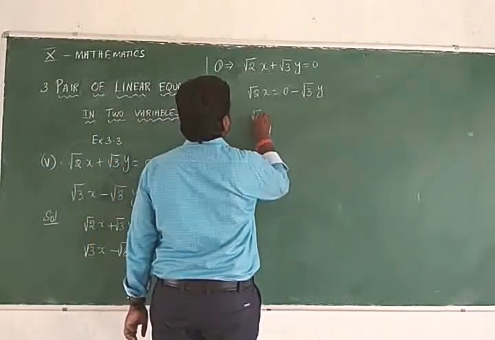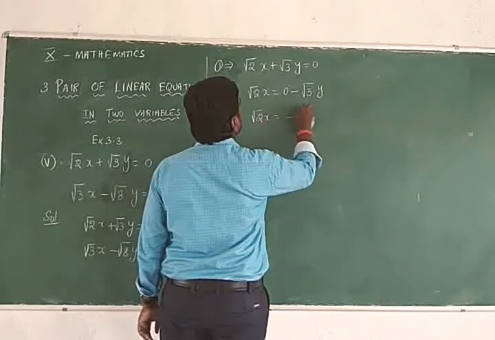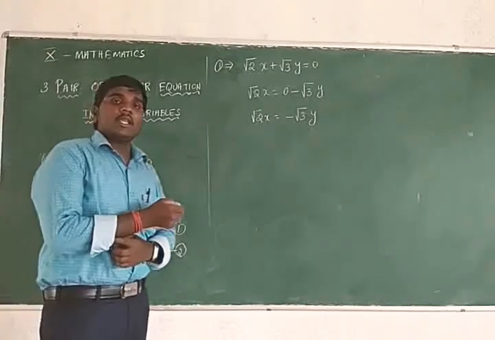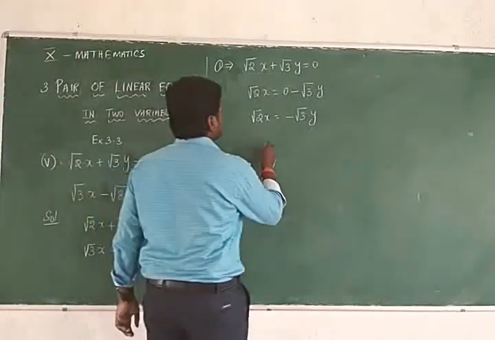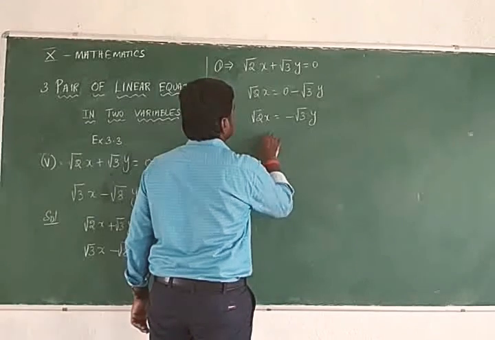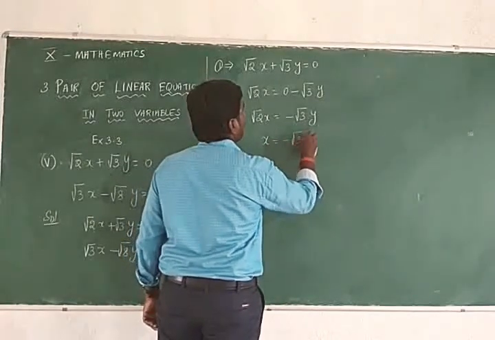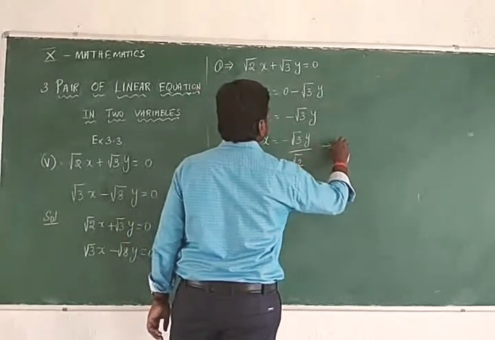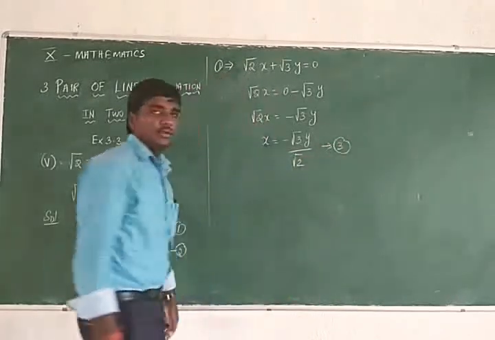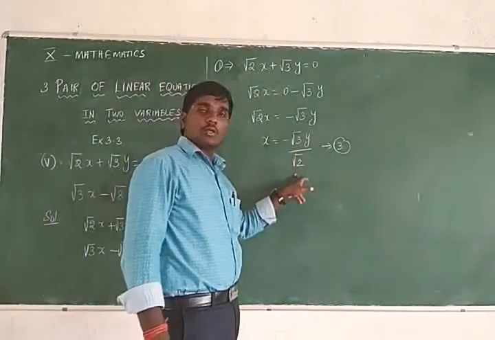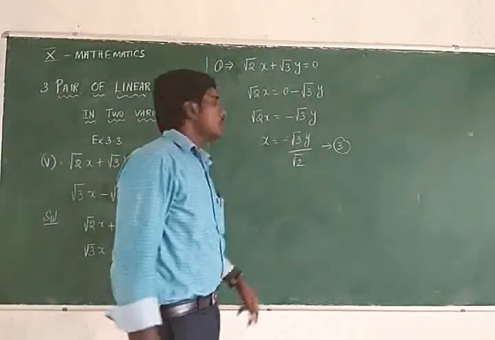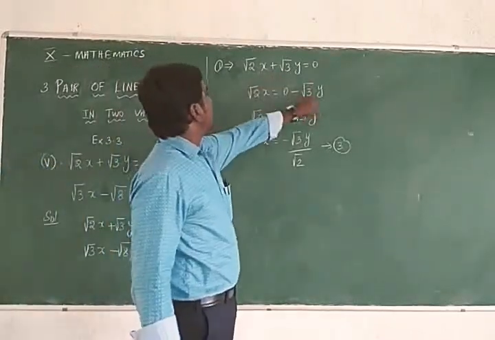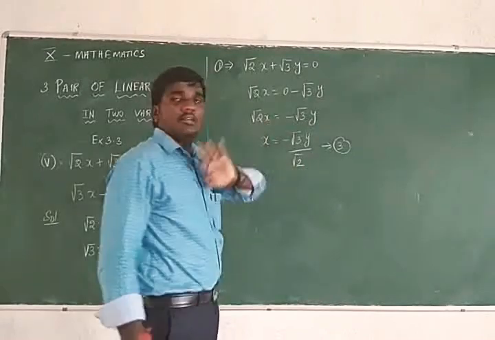So now square root of 2x is equal to minus square root of 3y. Now x is equal to minus square root of 3y divided by square root of 2. It is equation number 3. So what is the x value? Minus square root of 3 divided by square root of 2, into y. Are you clear?